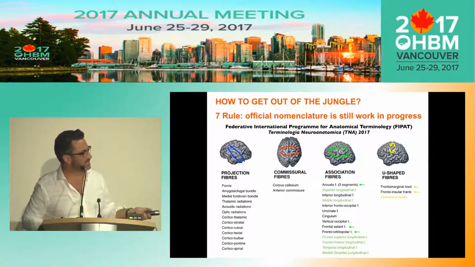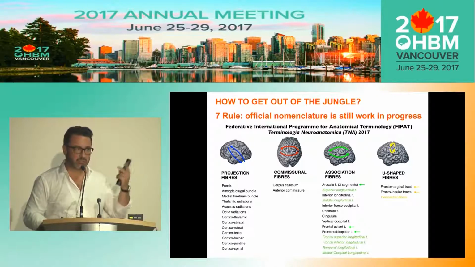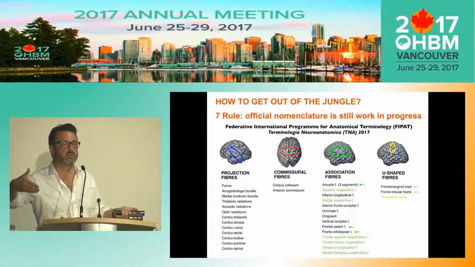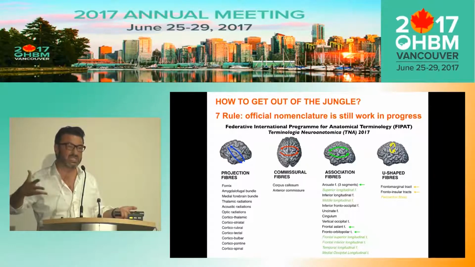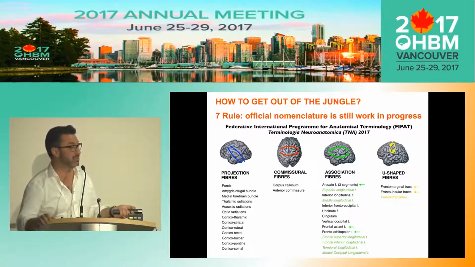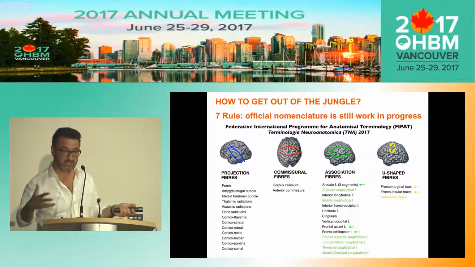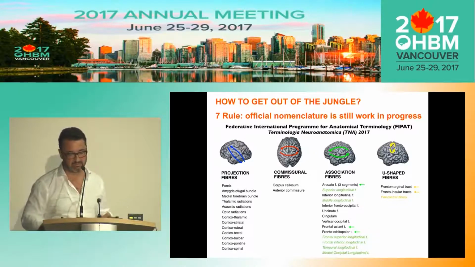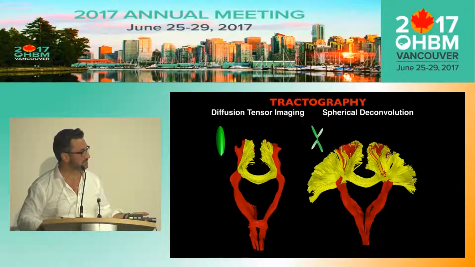And the reasons for that are two main reasons. First, some of these tracts come from the monkey work, like SLF 1, 2, and 3, and have only recently been described in humans, using tractography, for example, or postmortem dissections. Others are really recently described.